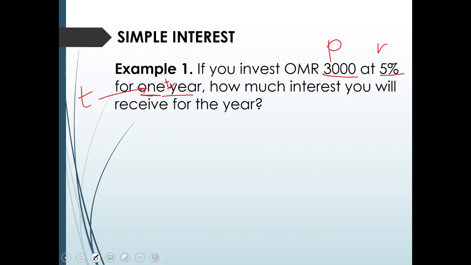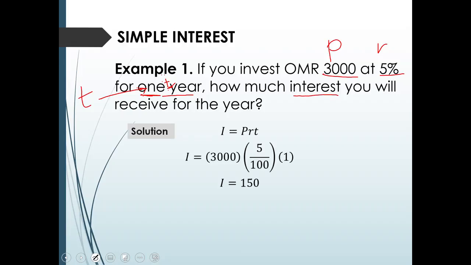We need to find the value of I. The formula I is equals to PRT, P is 3,000, the rate is 5 over 100, times the time, which is a year. So the interest of putting your 3,000 in the bank is 150 riyals in a year.